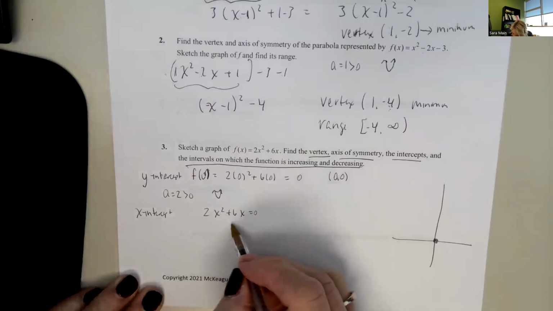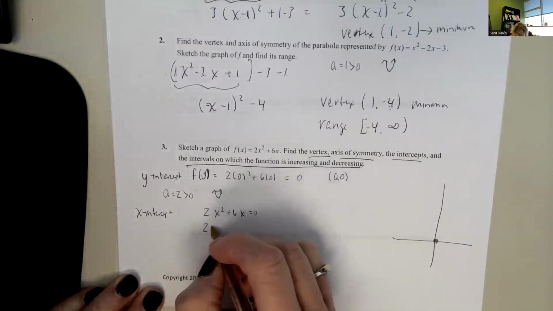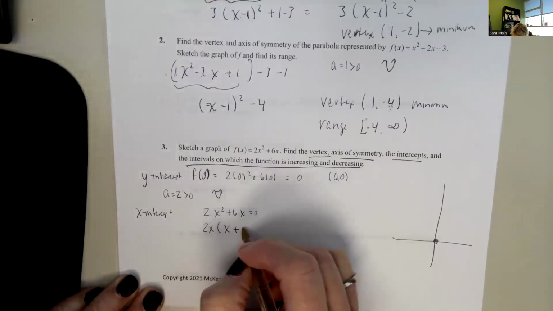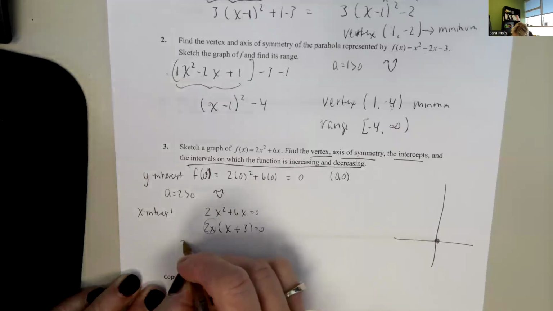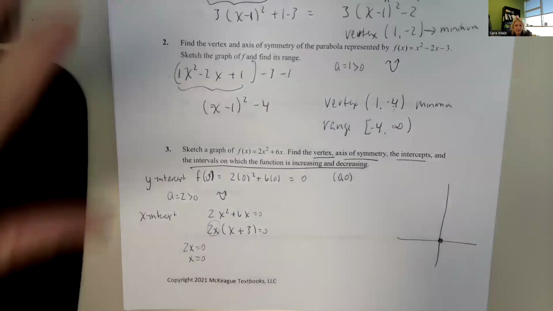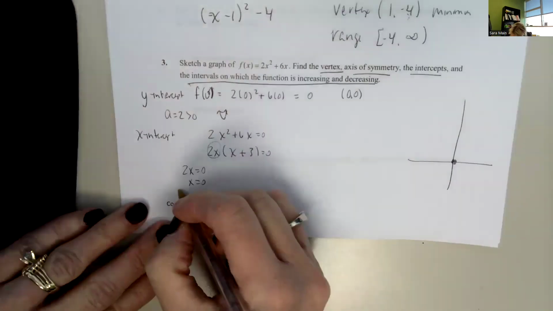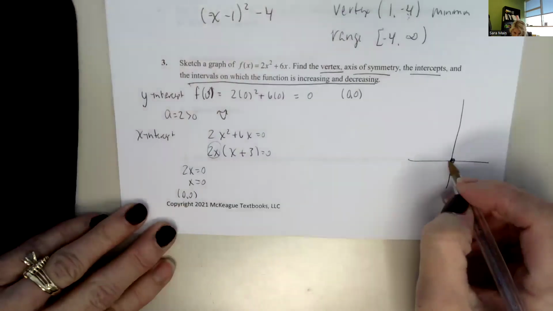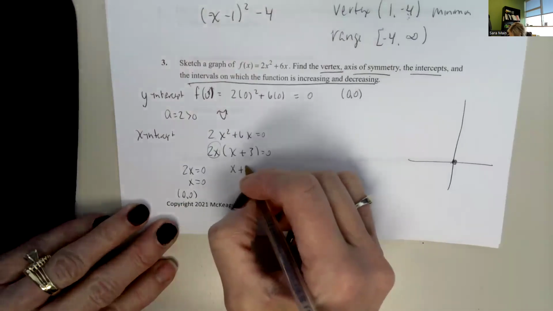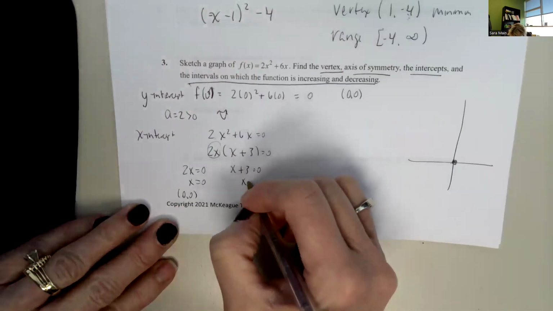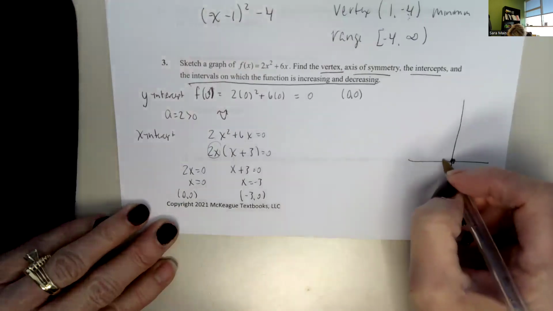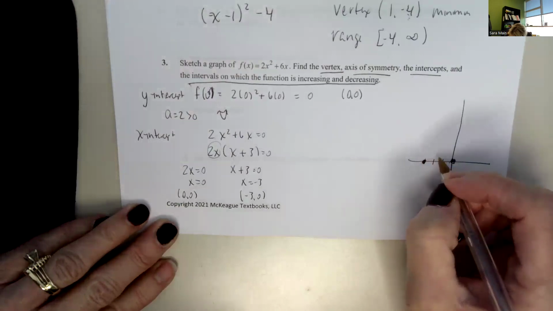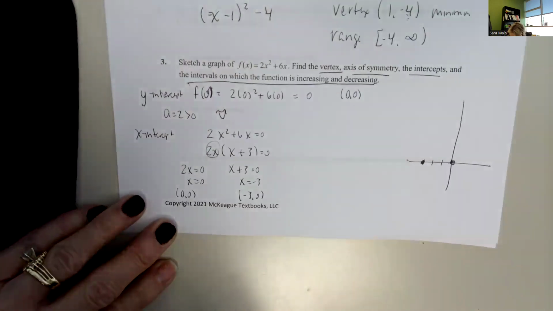I can factor out a 2x out of both terms, so I have x plus 3 left. So I can set 2x equal to 0 and divide by 2, x equals 0. That's one of my x-intercepts at 0, 0, which is also my y-intercept. And then if I set x plus 3 equal to 0, x equals negative 3. So that's another zero.